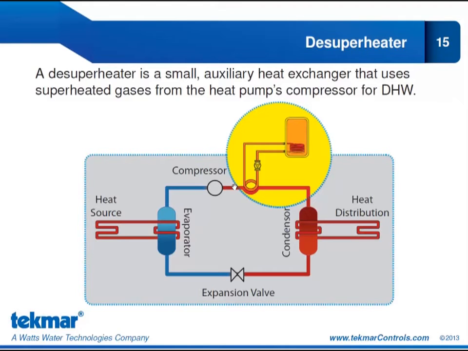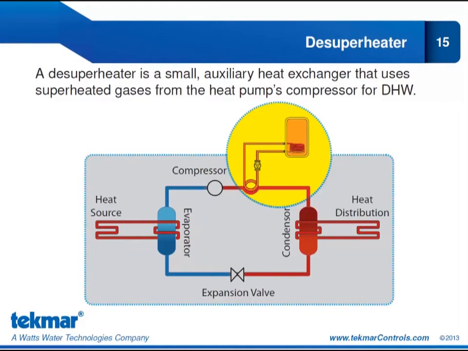So that's also where we are going to install the desuperheater. And we have this auxiliary heat exchanger that's going to take advantage of those superheated refrigerant gases in order to heat the circulating fluid for the heat exchanger in the domestic hot water tank. The big benefit to the desuperheater is that we can use it in heating and in cooling.